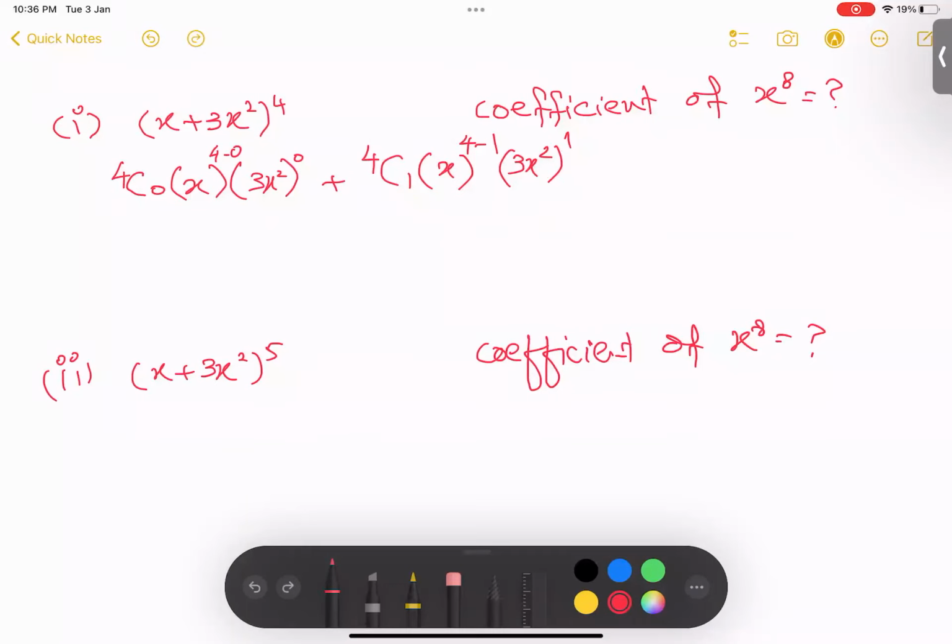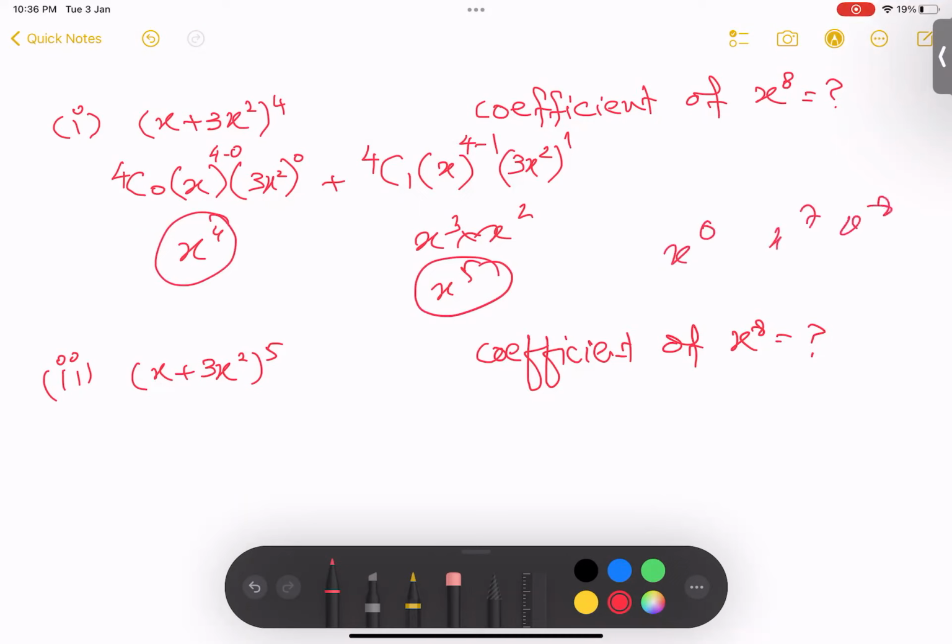Now, common sense: x to power 4 comes from here, and here it is 0. So here 4 minus 1 is 3, x to power 3, and 2 ones are 2, so I'm getting x to power 5. You see that? x power 4, then 5, then 6, then 7, and then 8.